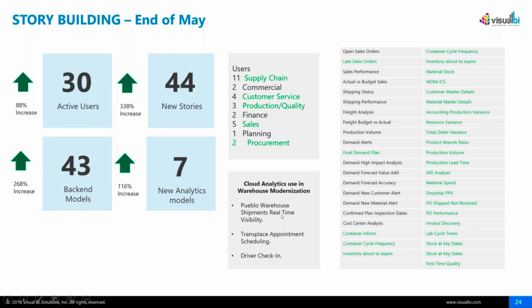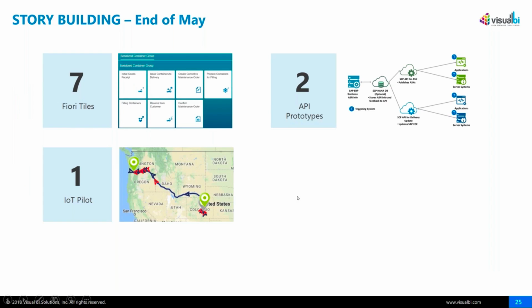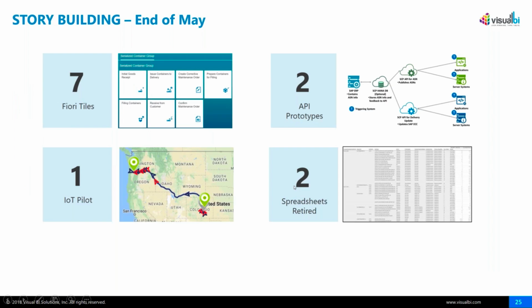And here are some of the stories related to that, as well as we started using the cloud platform for some of the other pieces we call warehouse modernization, which we'll talk a little more about. On our story building and on the SAP Cloud Platform, all of a sudden, I think the business woke up to the fact that, hey, although SAP Analytics Cloud was our first foray into digital transformation and really using the cloud platform for analytics, there's all these other things we could do.